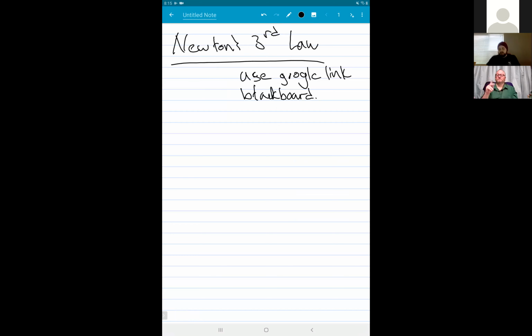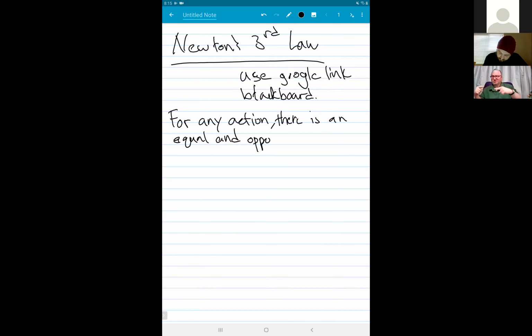So Newton's third law is the law of the action-reaction pair. Generally the statement is, for any action, there is an equal and opposite reaction. If you don't like that definition, there's another one on the actual lab handout near the top that's kind of cute too.